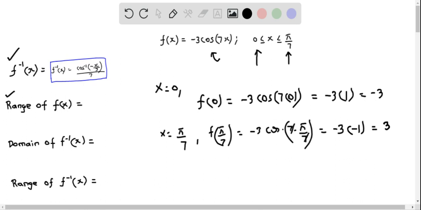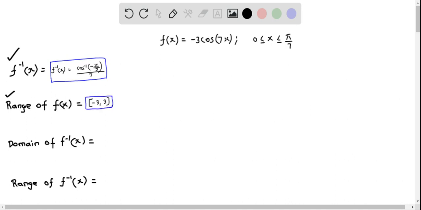In fact, at x equal to 0 the cos function is maximum, and at x equal to pi by 7 the cos function is minimum. That is, it varies from positive 1 to negative 1, which means at the endpoints the function gives maximum and minimum values. So the maximum value attained by f of x is positive 3, and the minimum value is negative 3. Therefore, the range of this function is negative 3 to positive 3.